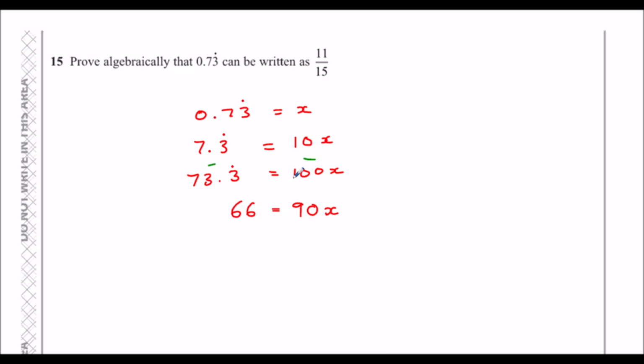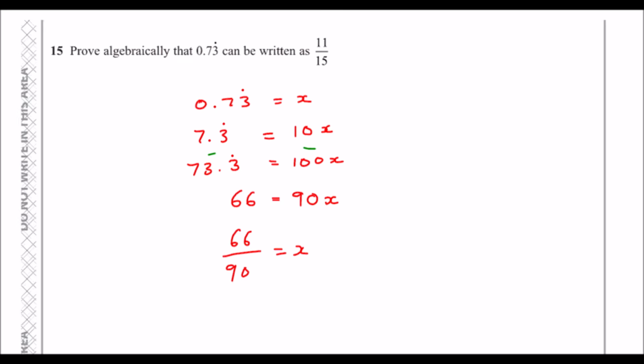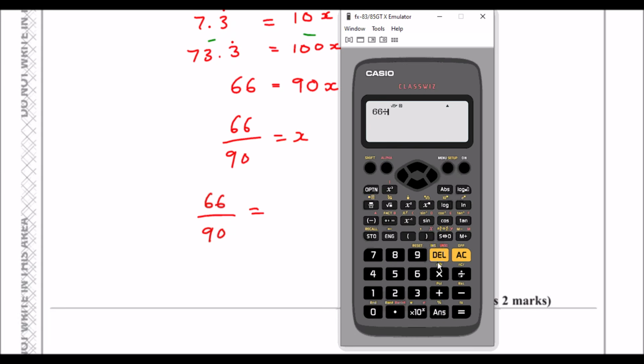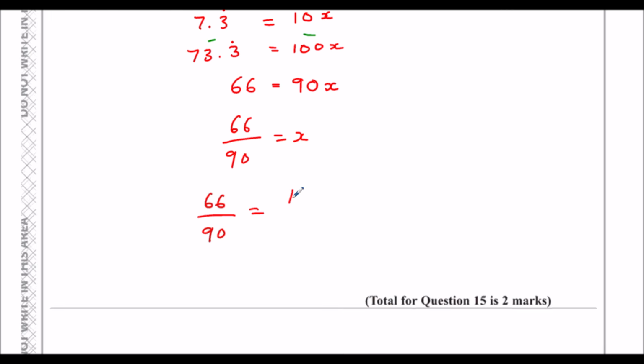That's left us with 66 equals 90x. Now we can divide both sides by 90. So x is 66 over 90. And that will simplify. So 66 over 90 simplifies to 11/15, dividing top and bottom by 6.